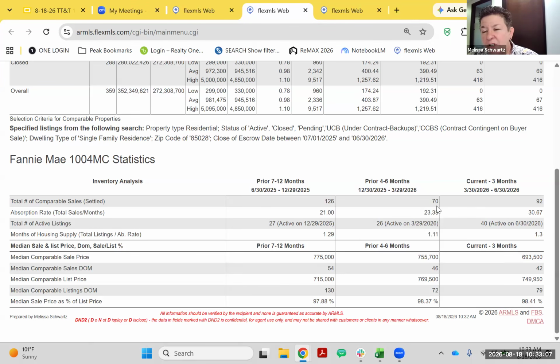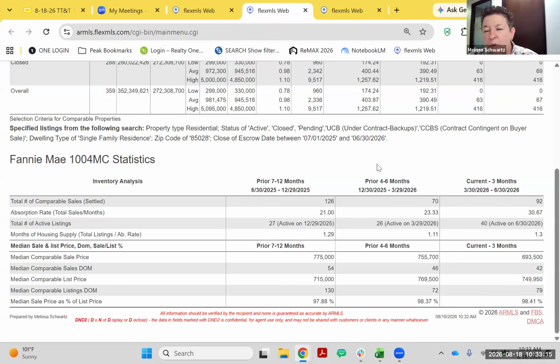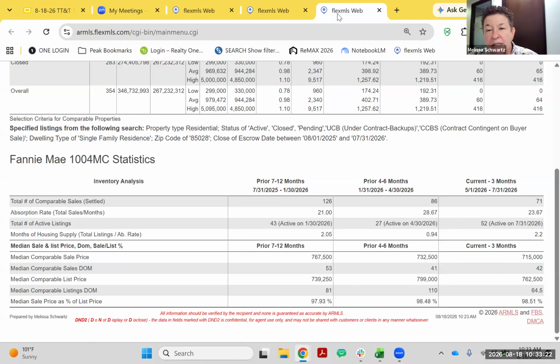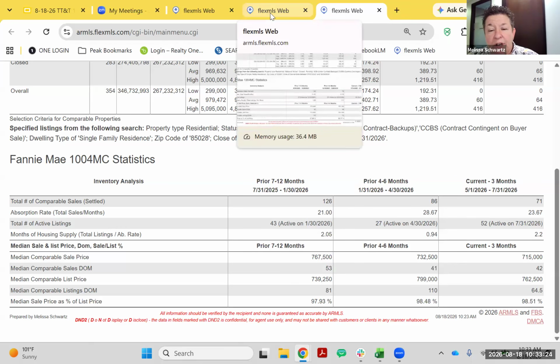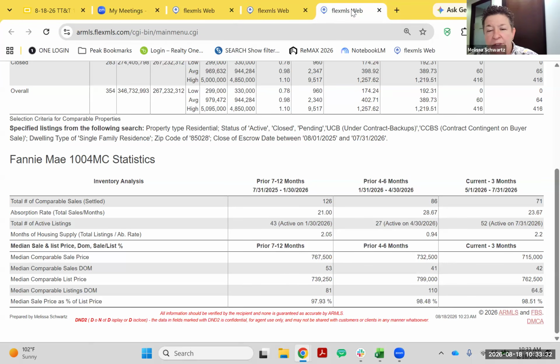That did not change as much as I thought. Right, so I've got the two here. So we actually had more sales with that April date than we did with the March 29th date, right? 70 in there and 86. Look at the June, well, July 1 through the end of December had 126, and the August 1 to the end of January had 126.